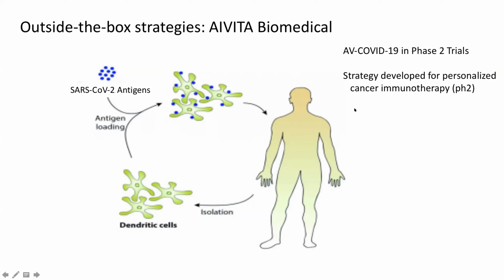This is a strategy they're really using as a personalized medicine approach to cancer immunotherapy. They also take tumor cells from the individual, and so the antigens they're giving are specific for that individual's tumor. It's an awesome strategy for cancer immunotherapy, and interesting that they're applying it to infection.